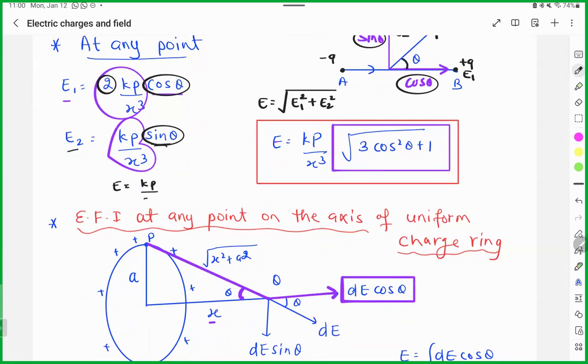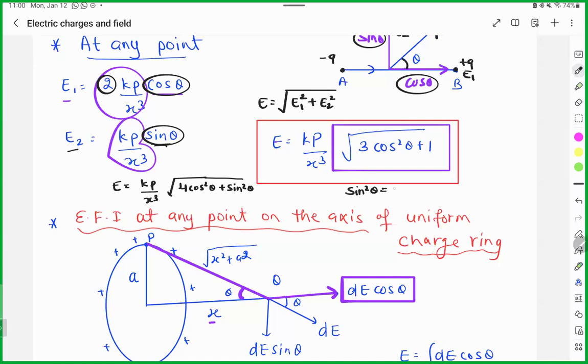kp by x cube will be common. In the first situation, you have E1 square, 2 square, 4 cos square theta. Plus in the second situation, it is sine square theta. The second formula we are using here is sine square theta plus cos square theta is equal to 1.